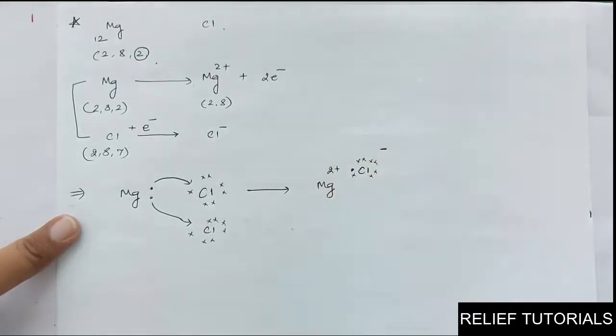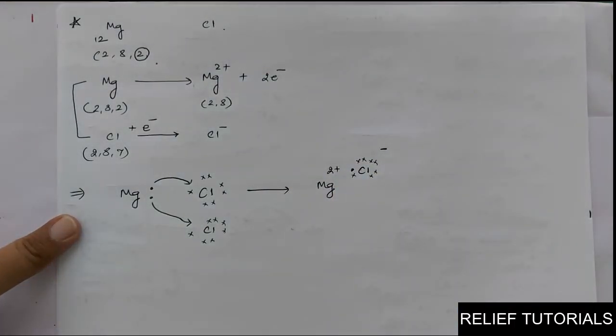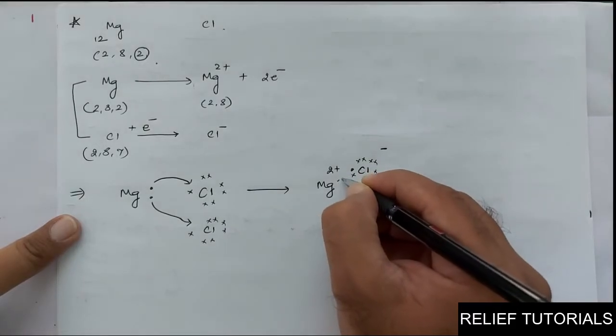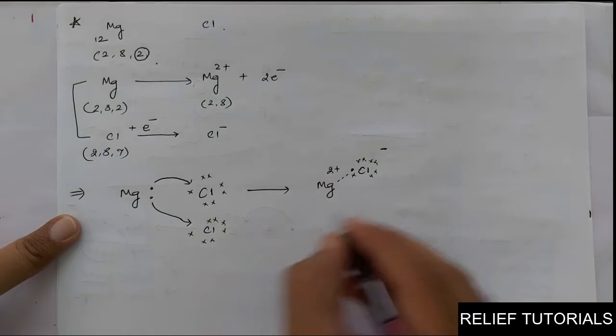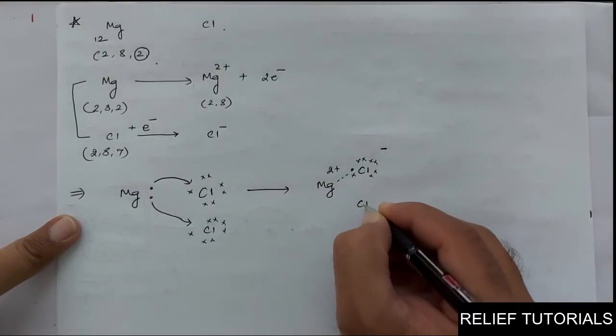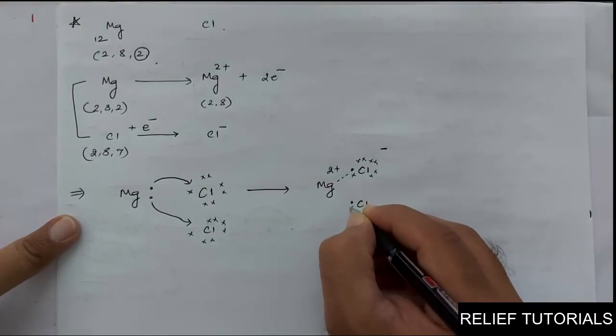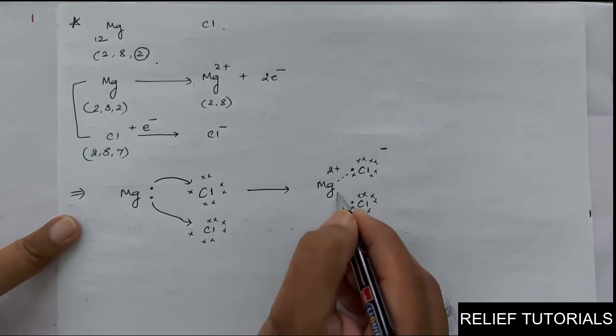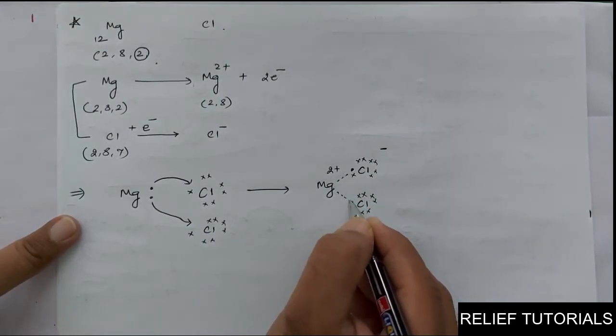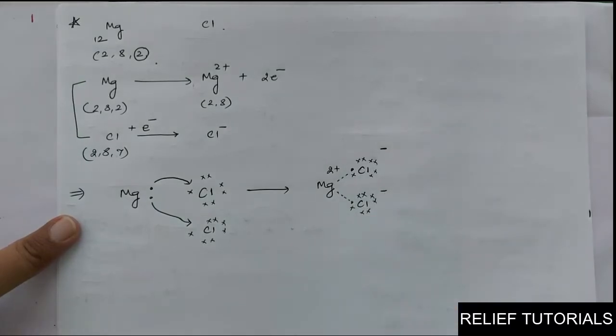So it forms 1 minus. There is a force of attraction between these two because of the opposite charge. Another chlorine is here also. It is the same situation as the first one. It has 7 electrons of its own and 1 electron gained from magnesium. So there is a force of attraction here also, and it forms 1 minus.